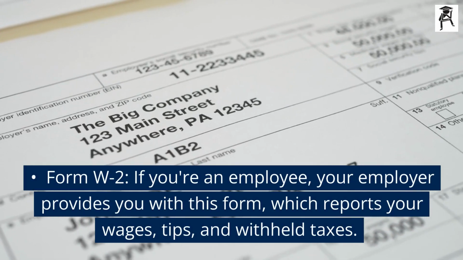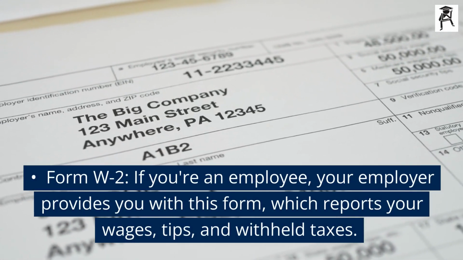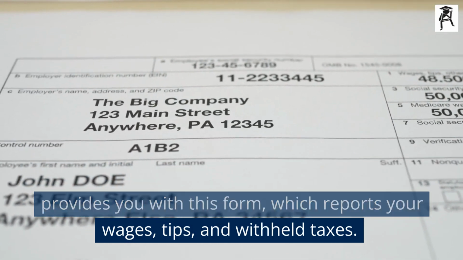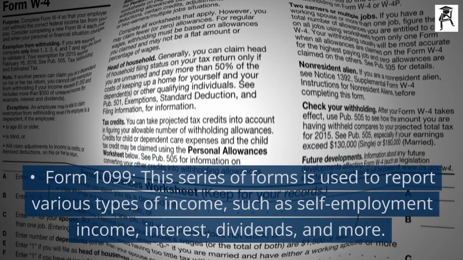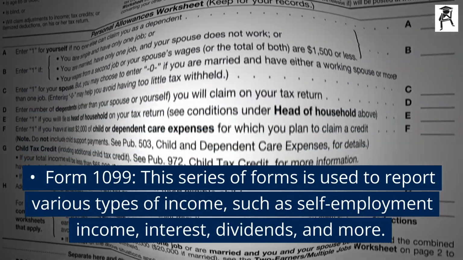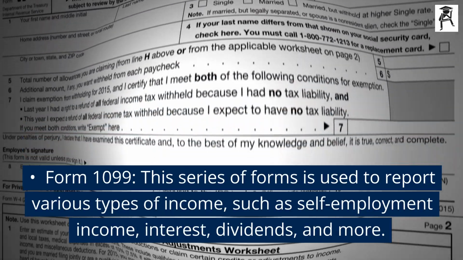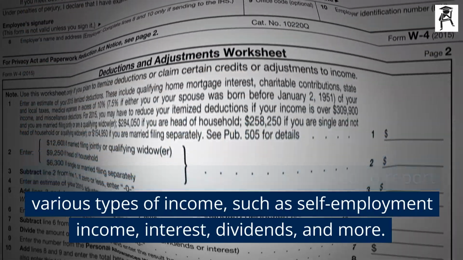Form W-2. If you're an employee, your employer provides you with this form, which reports your wages, tips, and withheld taxes. Form 1099. This series of forms is used to report various types of income, such as self-employment income, interest, dividends, and more.